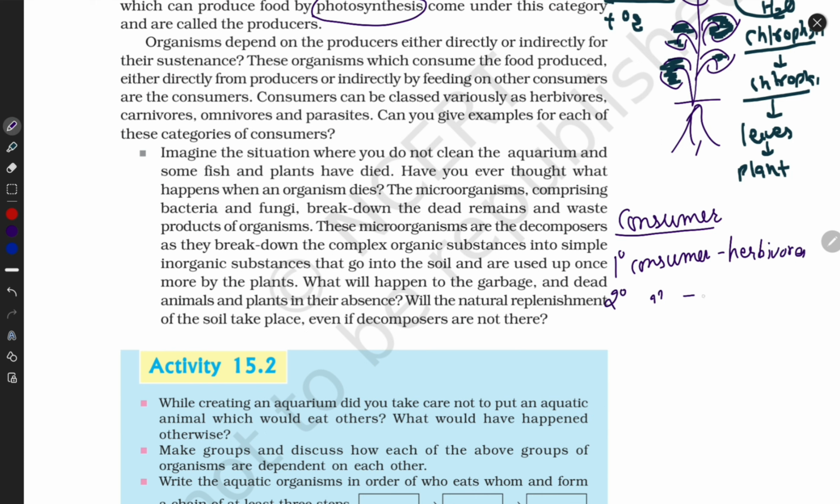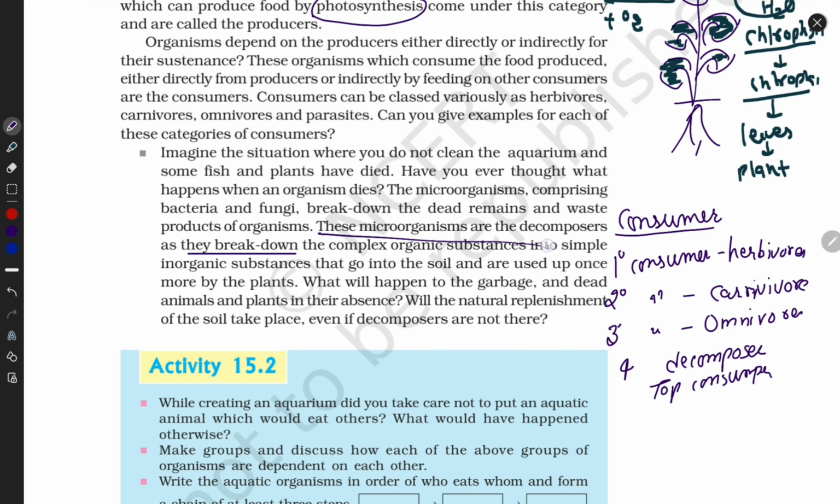Secondary consumers, we call them carnivores. Clear, guys? Tertiary consumers, we call them omnivores. And fourth are decomposers. They are top consumers. They depend on dead material. They break down food. They are microorganisms.